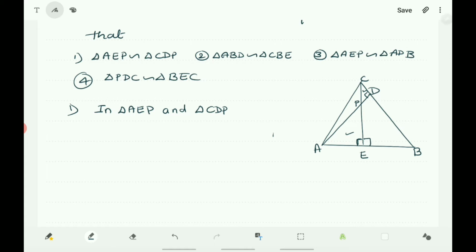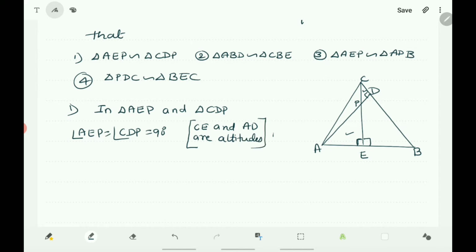So you can write angle AEP is equal to angle CDP, both are equal to 90 degrees. So what is the reason that you can give this here? CE and AD are altitudes.